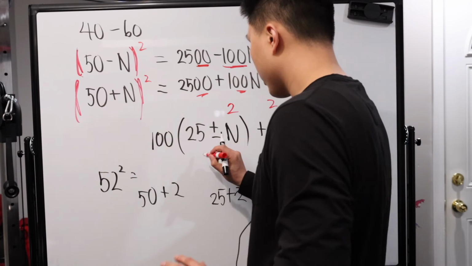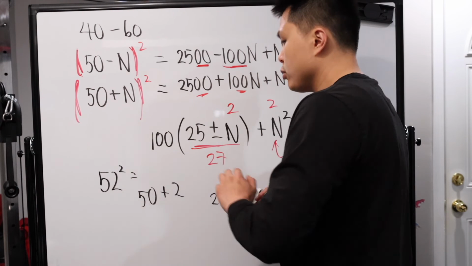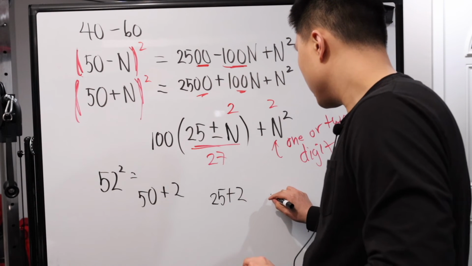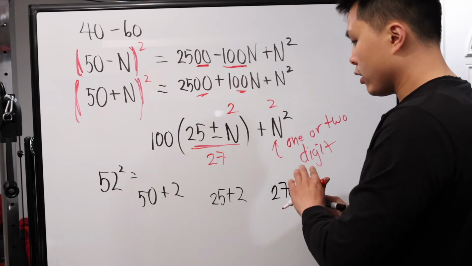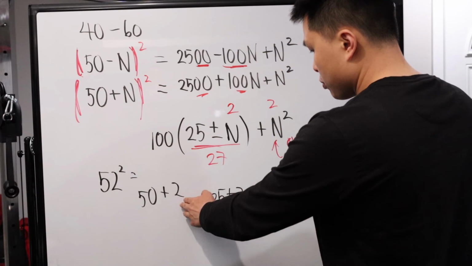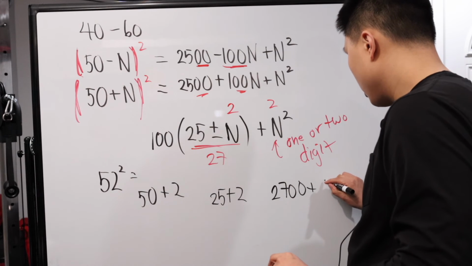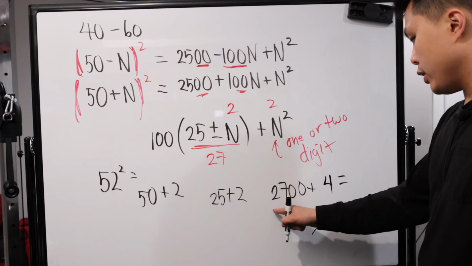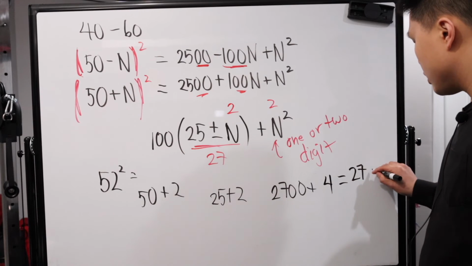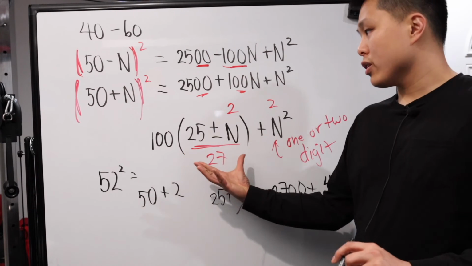So this whole thing right here ends up being just 27. 27 times 100 is 2,700 plus n squared, or something squared, which is n, right? It's basically 2. Right? 2 squared is going to be plus 4. Or normally we put 04 just so that we don't get it confused. And notice that's just 2,704.